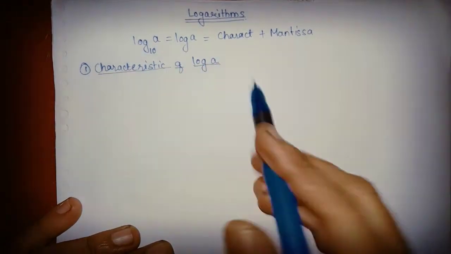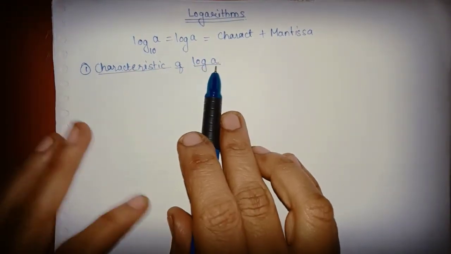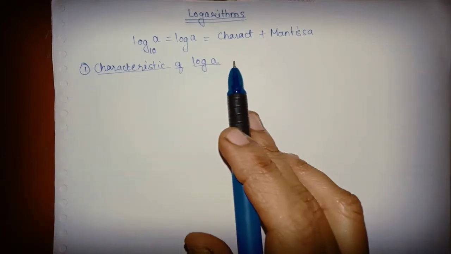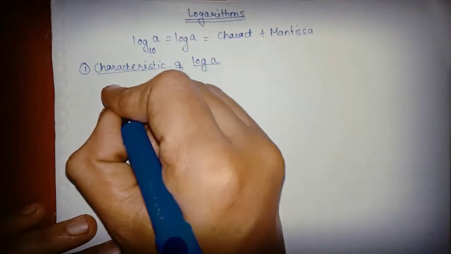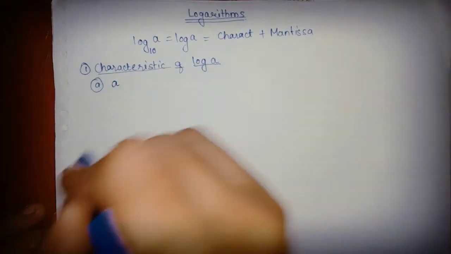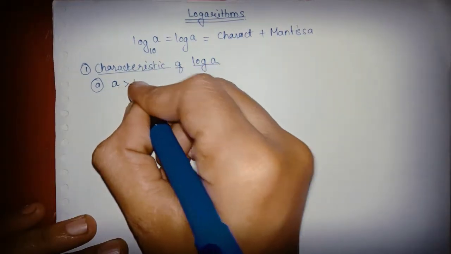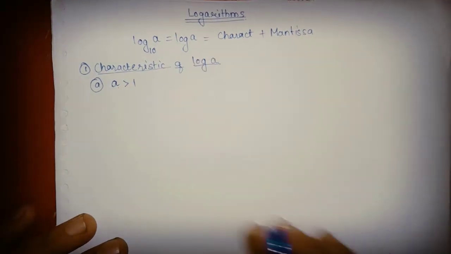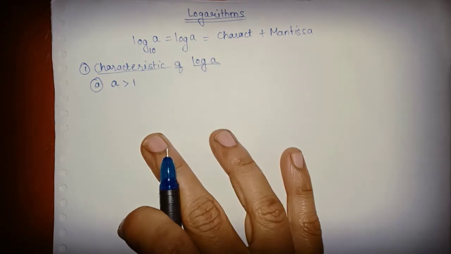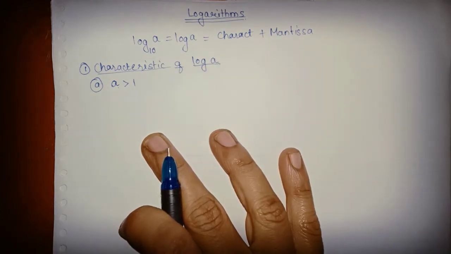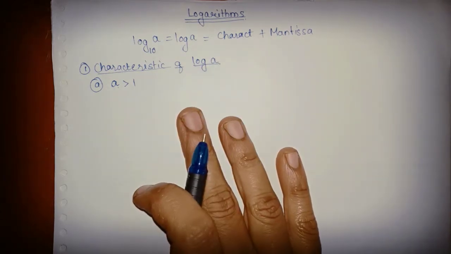So when this number a is greater than 1, there are two cases. When a is greater than 1, you have to see the digits in the integral part of a, that is before the decimal point, and then subtract 1 from it.